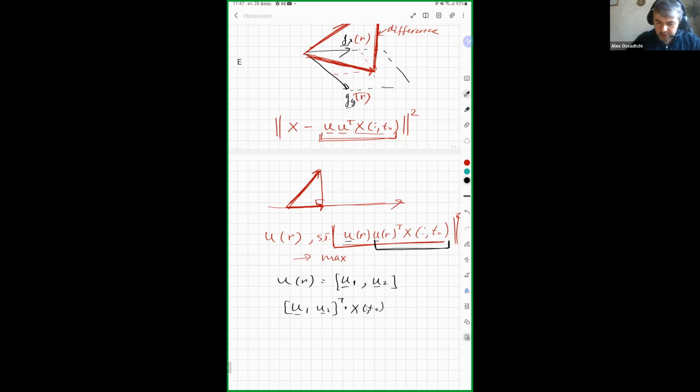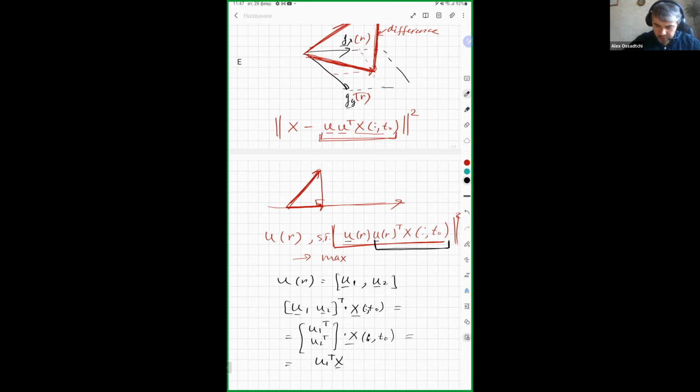I used MATLAB notation, but this is just a column vector corresponding to the time slice of our data. Then clearly we can write u1 transpose, u2 transpose, multiplied by the vector x of t0.